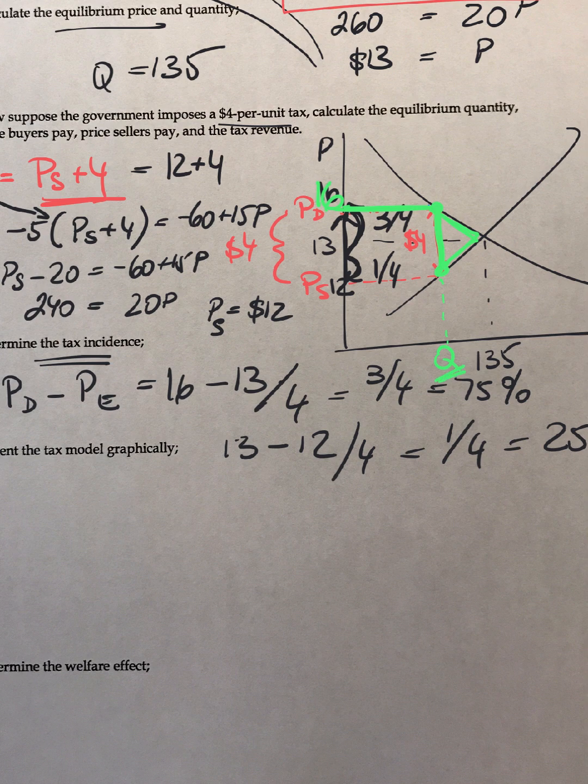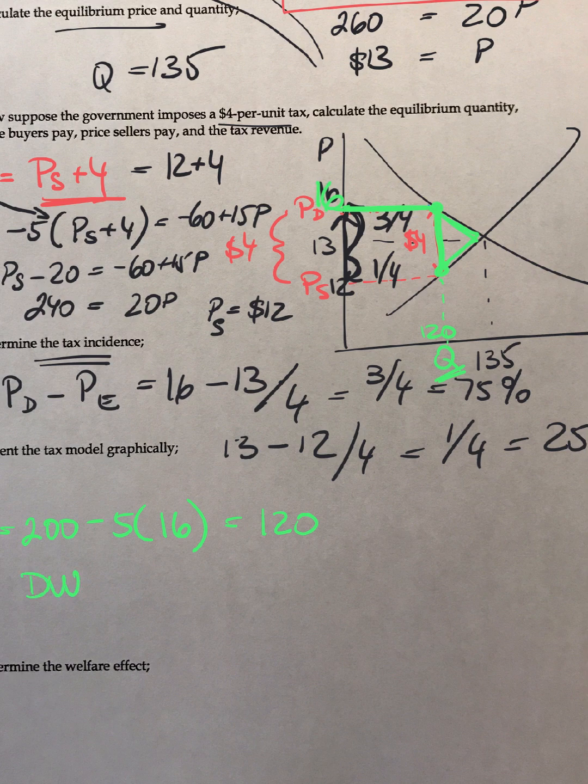So I can figure out QD equals 200 minus 5 times 16. 5 times 16 is 80. 200 minus 80 is 120. So this is the quantity associated with the new post-tax sales.